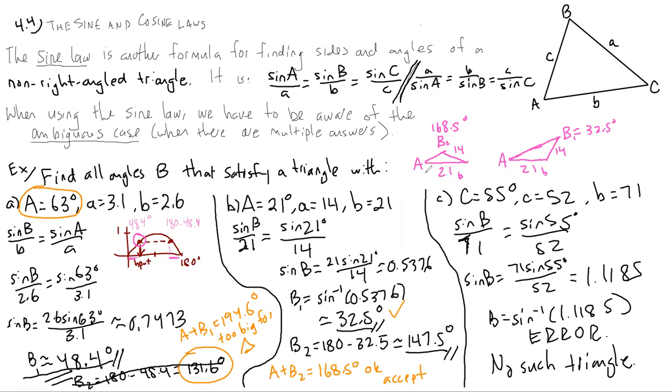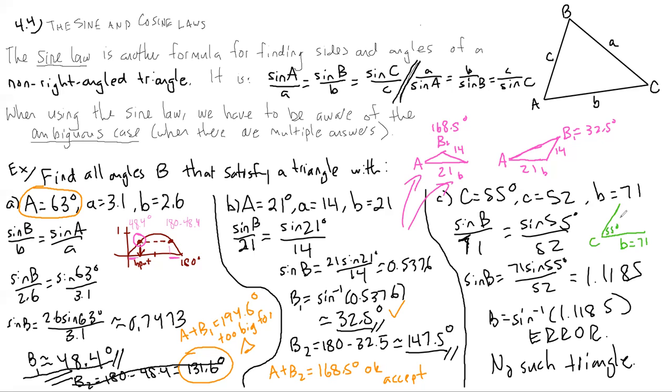So what would be going on in this picture? I'll draw this in maybe green. What's going on here is if we draw kind of the same thing, our B is 71, our angle is 55.